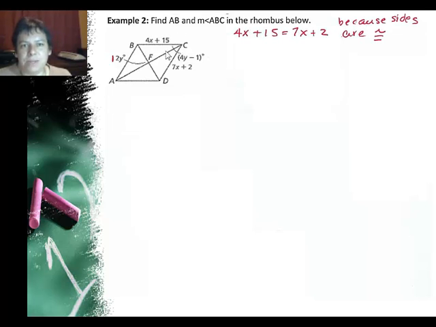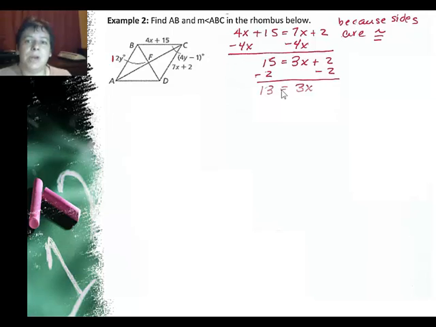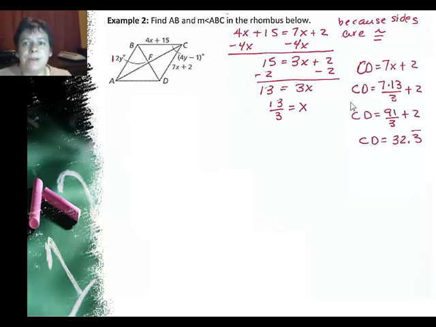I know that 4x plus 15 has to equal 7x plus 2 because the sides are congruent. I'll go ahead and solve for x, and I get 15 equals 3x plus 2. Subtract 2 from both sides, and I get 13 equals 3x, or x is 13/3. Now, if I find CD here, that means that's going to be the same as AB. So let me find CD.